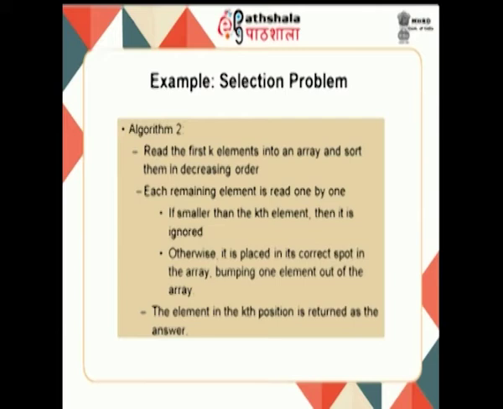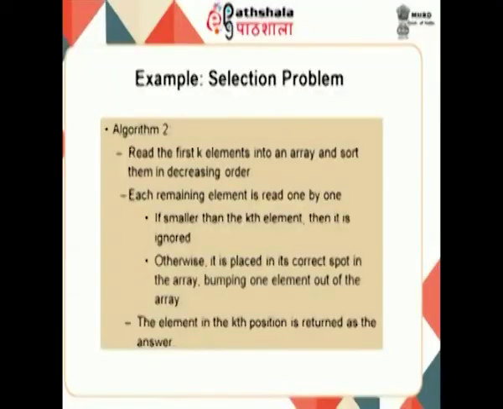If it is smaller than the kth element, obviously it does not need to come in, so ignore it. Otherwise, you place it in the correct place and bump out one element. At the end of the algorithm, whatever is in the kth position, the 20th position, will be your correct element. That is what this algorithm does.